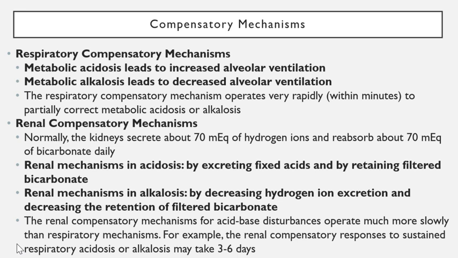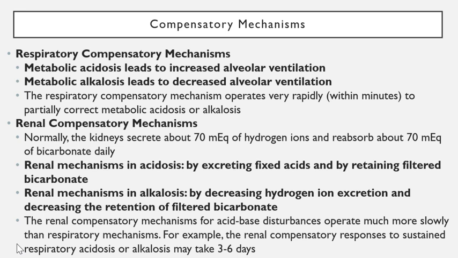And then the same is true for the flip of that. If you have metabolic alkalosis, you have a whole bunch of base buildup in your body, you can decrease your ventilation and shift the equilibrium to increase the amount of hydrogen ions in your blood. So these are really good compensatory mechanisms for your day-to-day fluctuations in your pH, and your body will also use these same compensatory mechanisms if things get into a pathological place, to a certain degree, right?